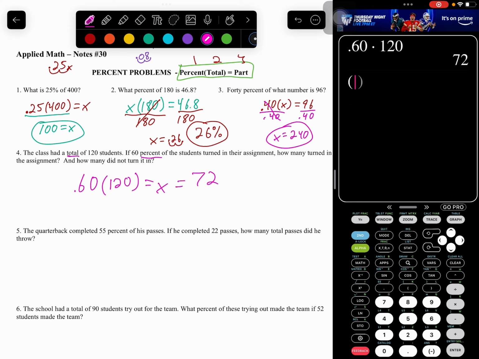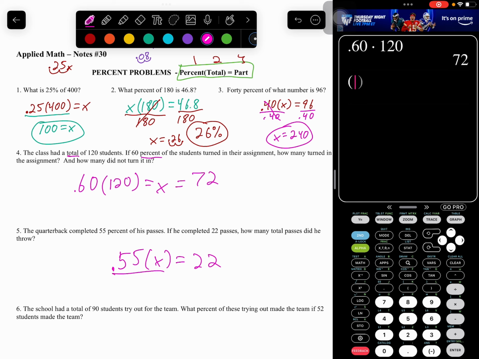Okay. We'll do one more. The quarterback completed 55% of his passes, so I got my percent, 55. But I'm going to move the decimal place in front. If he completed 22 passes, how many total passes did he throw? We have no idea the total, so I'm going to make that x. But we do know that he had 22 completed passes. So 0.55 times x.